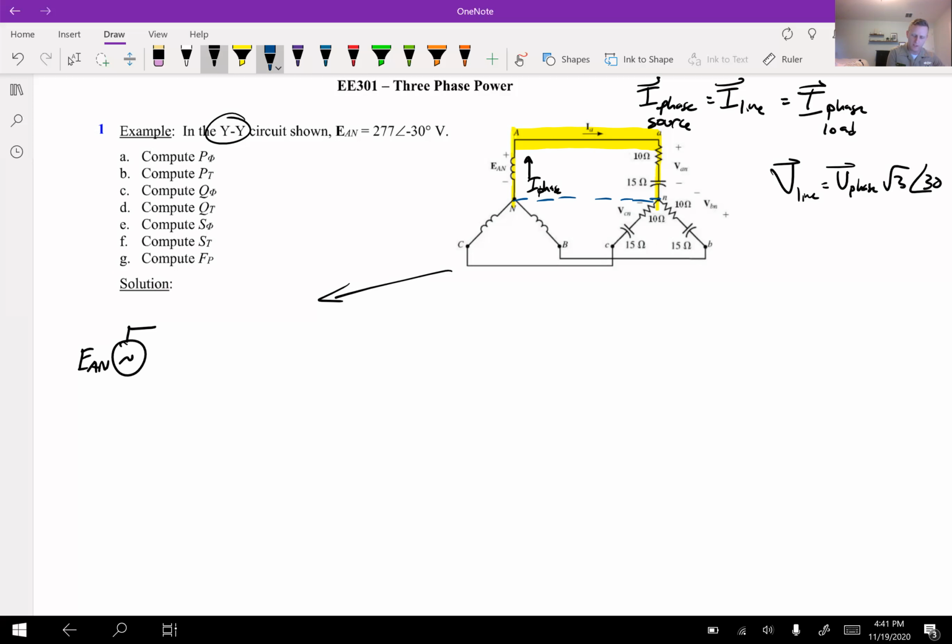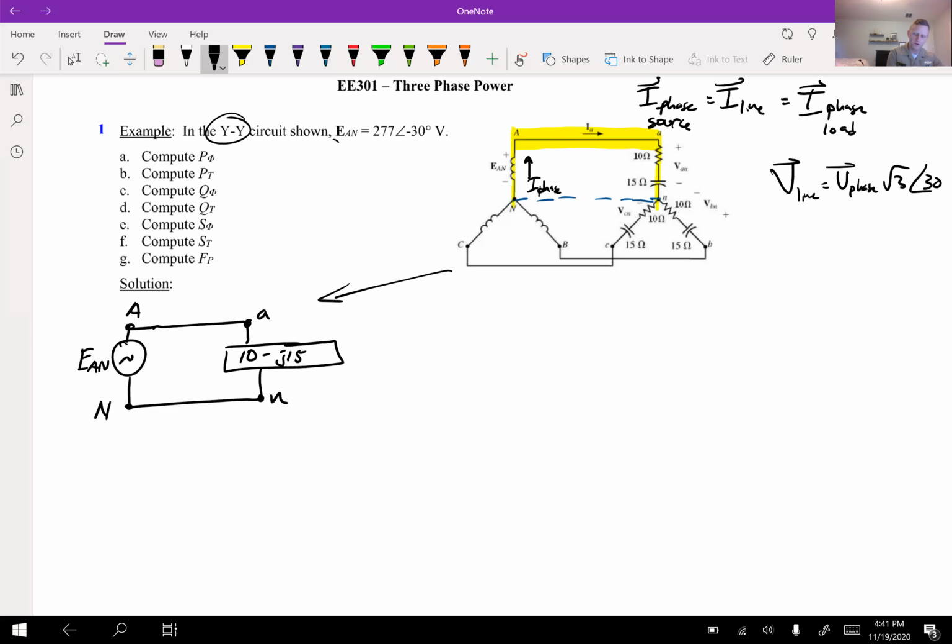There's no line impedances. And then on this other side, I have 10 minus J15. And that's it. Here's lowercase a-n matching this up here. And there's my single phase equivalent.